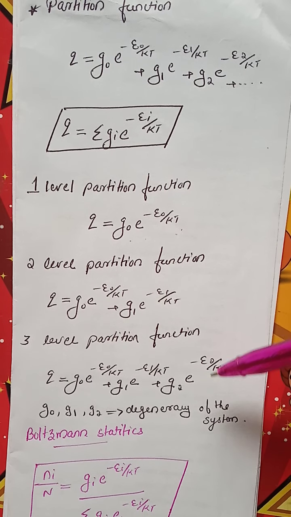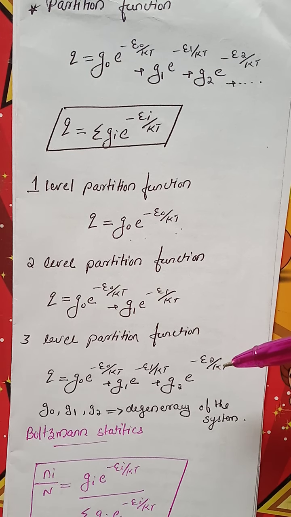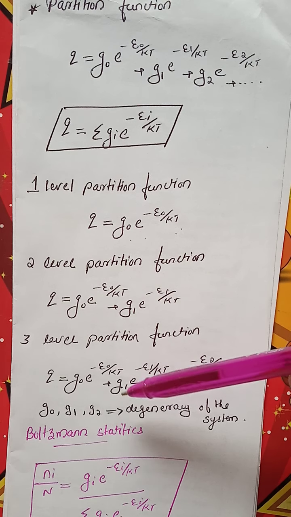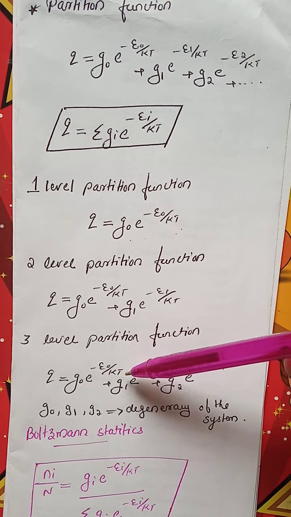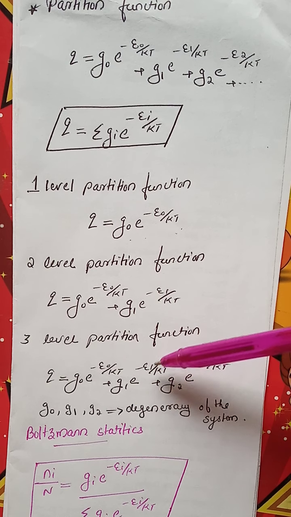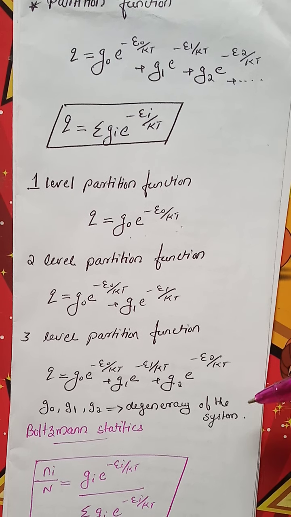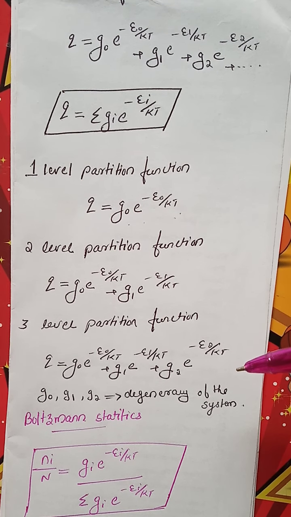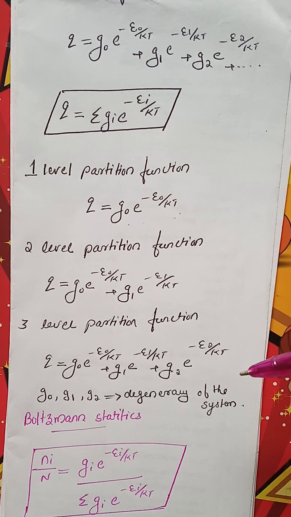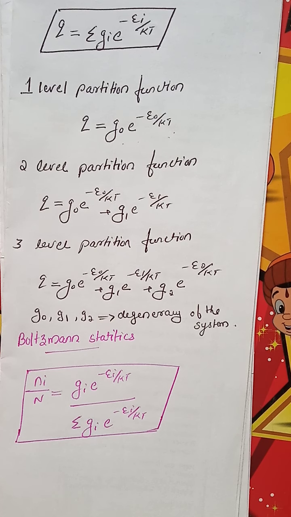And in case of three level partition function, we have Q is equal to G0 e raised to minus E0 by kT plus G1 e raised to minus E1 by kT plus G2 e raised to minus E2 by kT. Here there are three terms and the G0, G1, G2 are the degeneracy of the systems.